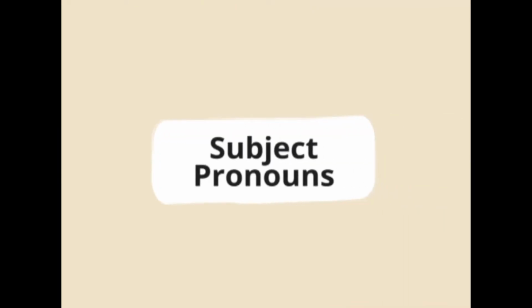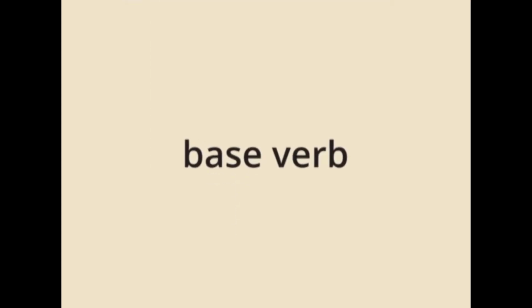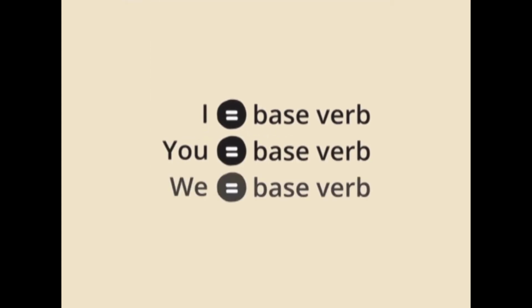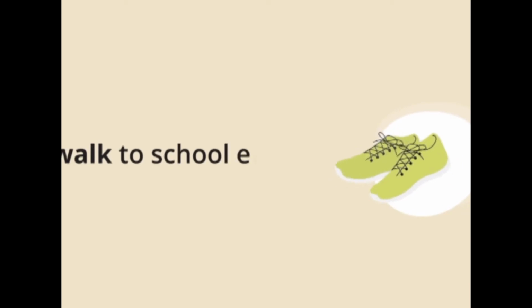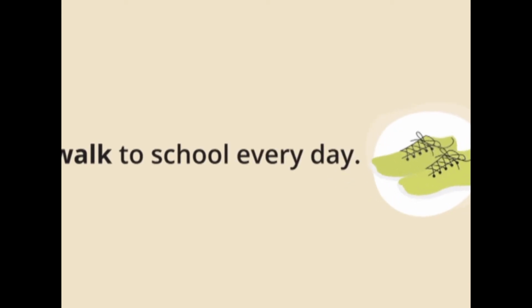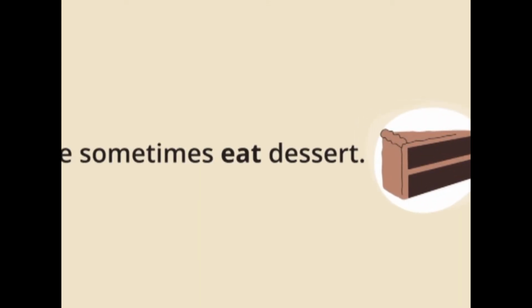Subject pronouns. We use a base verb when the subject pronoun is I, we, you or they. I walk to school every day. You always drink coffee. We sometimes eat dessert.